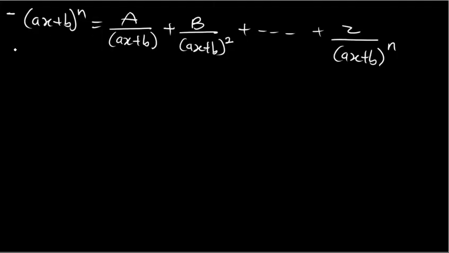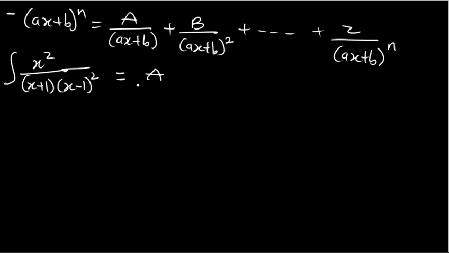So for example, if we are given the integral of x squared on x plus 1, then x minus 1 all squared. This x minus 1 is a linear factor, but here it is raised to a certain power n, which is 2, meaning we are going to express it this way. The first one is just a linear factor, so a takes x plus 1.